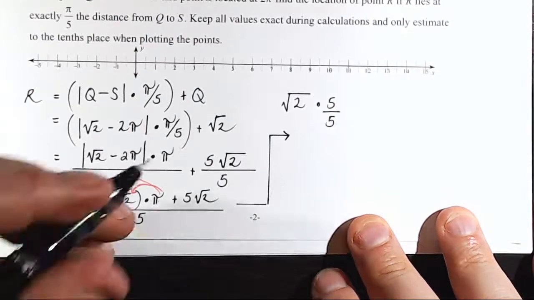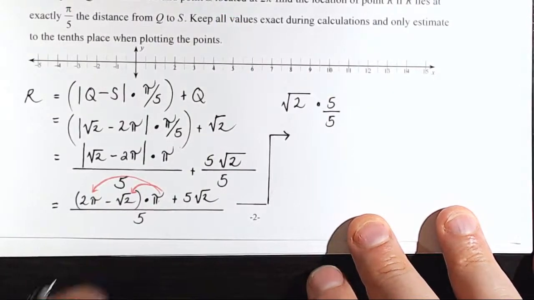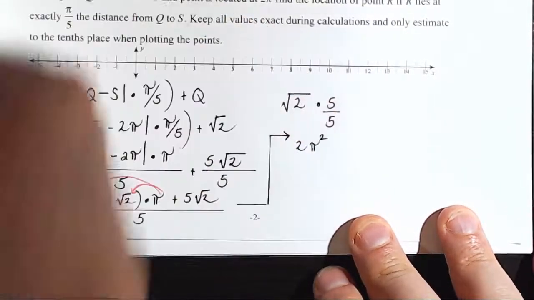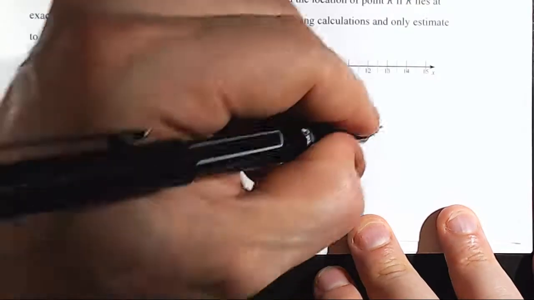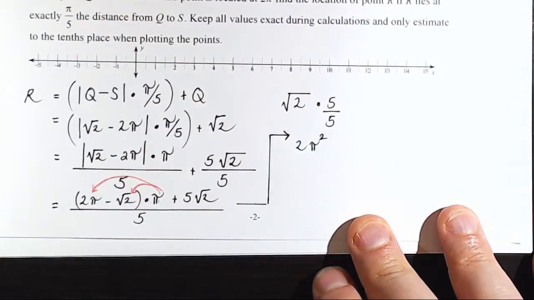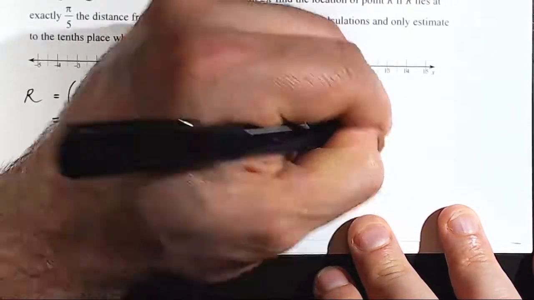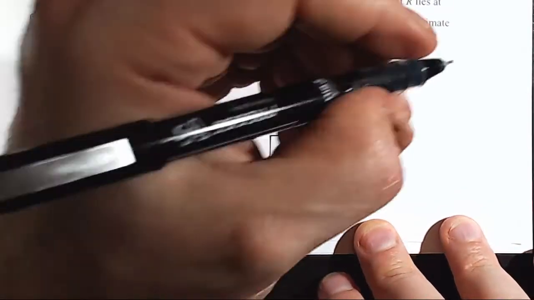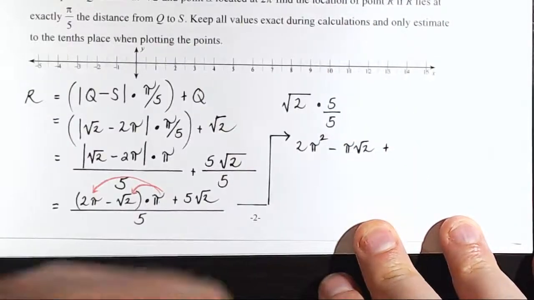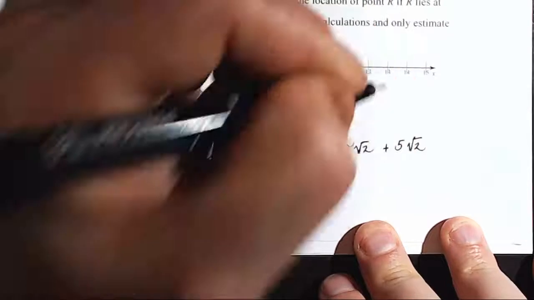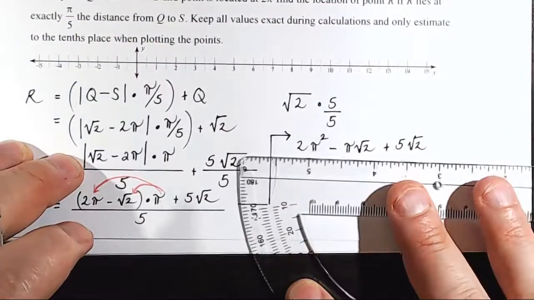Pi times 2 pi, keep the values exact, is going to be 2 pi squared. Pi times square root 2 is just, so that would be 2 pi squared minus pi square root 2. You'll see why I had you keep it like this here in a moment. Okay, and now the parentheses go away, so it's just plus 5 square root 2 over 5.